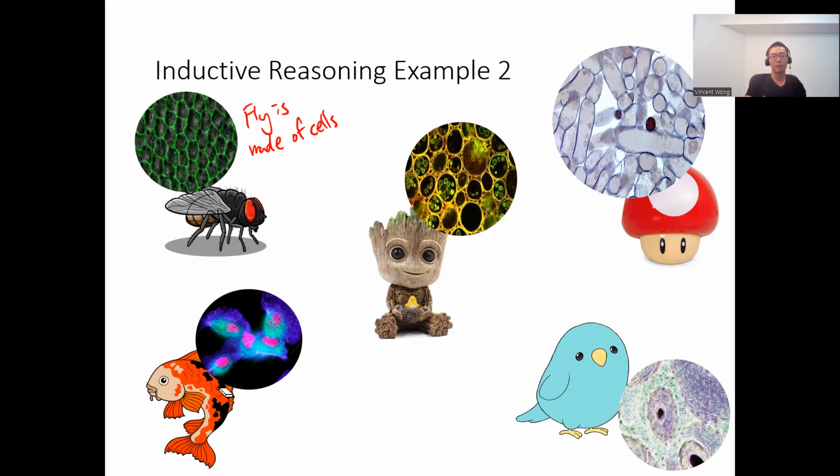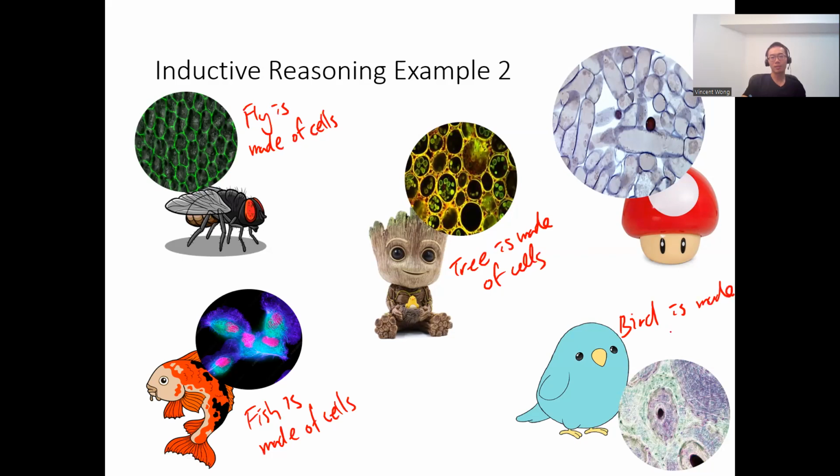And then you look at the fish, you're like, oh, the fish is made of cells. A tree is made of cells. A bird is made of cells. A mushroom is made of cells. So these are individual observations, right?